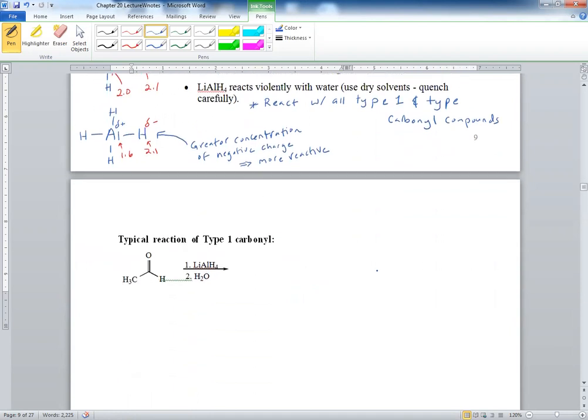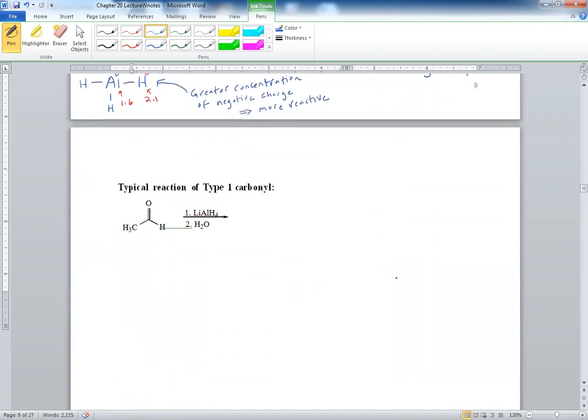So let's look at a typical reaction of a carbonyl, and we're going to draw the mechanism for this. Make sure you're ready yourself. We did show you this mechanism before, but not in a general form. We have an aldehyde here, and we have lithium aluminum hydride. So let's look at the mechanism. Here's the aluminum hydride, which, by the way, is sometimes written as LAH.